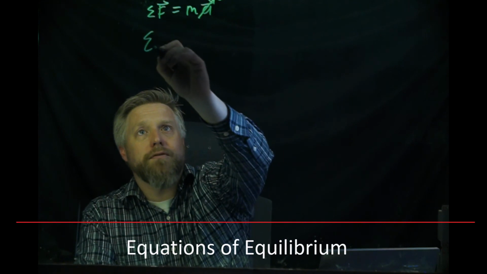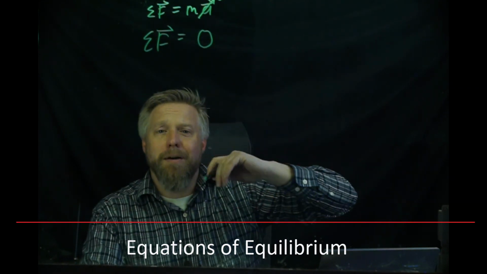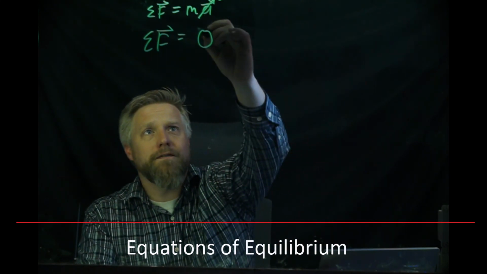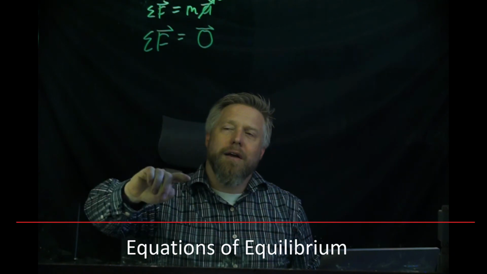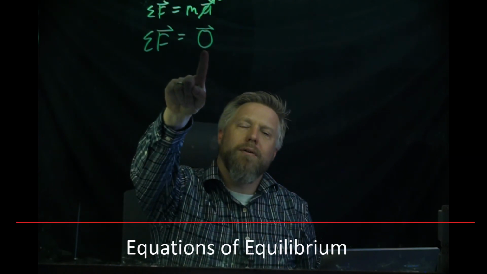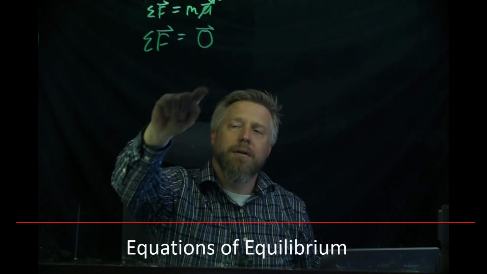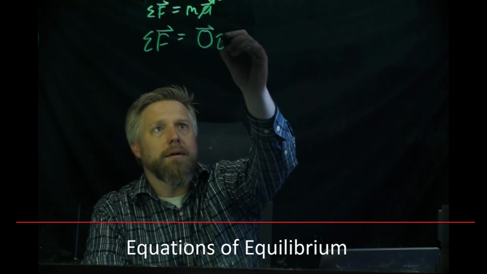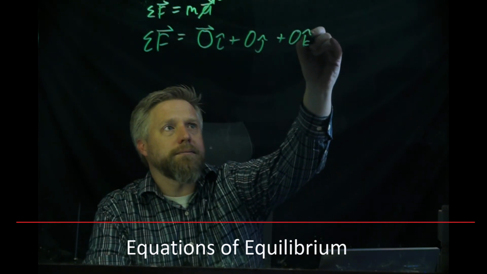So we have sum of the forces as a vector is equal to 0. And I'm going to do something a little strange here and put a vector sign over that 0. Now that's not proper notation. You don't have to do that. I'm just showing you, I want to remind you that this is actually 3 zeros. This is 0i plus 0j plus 0k.